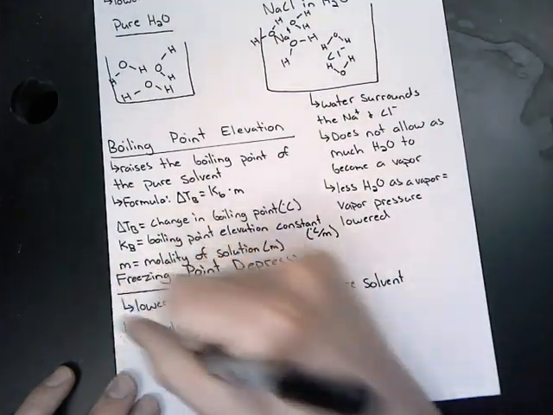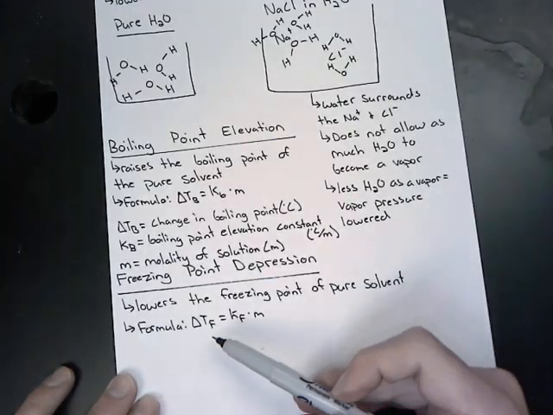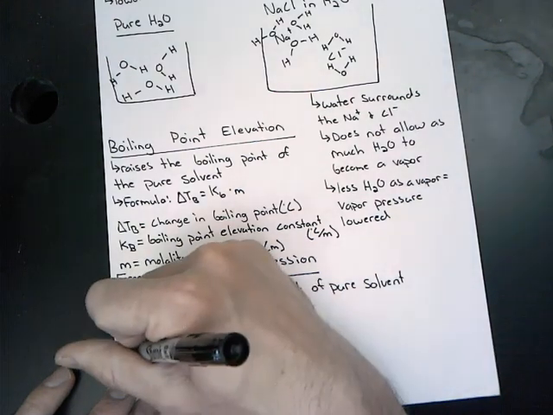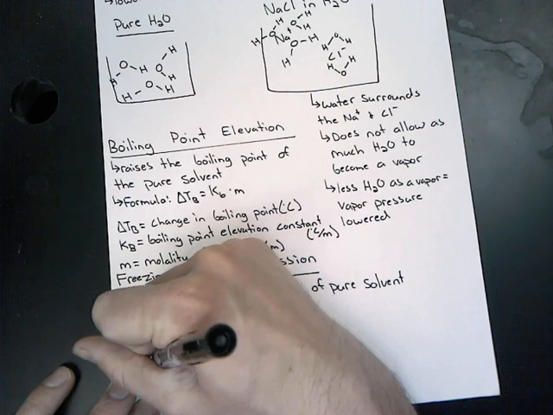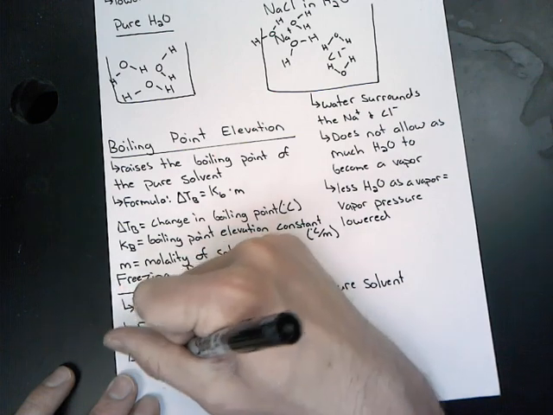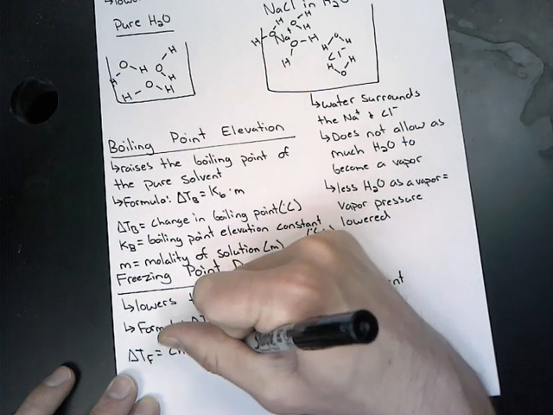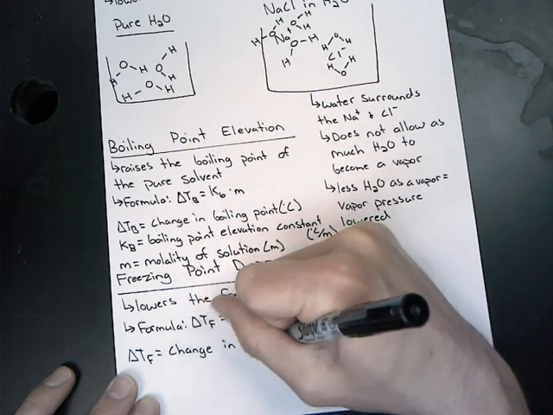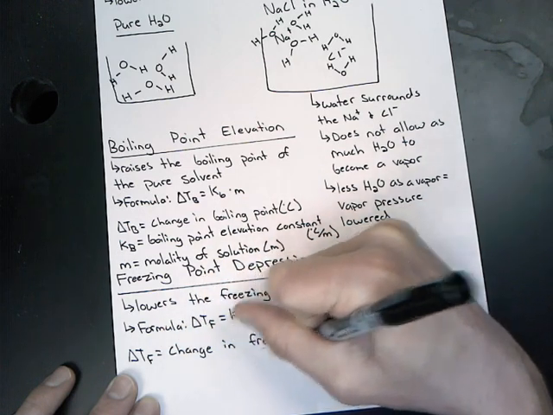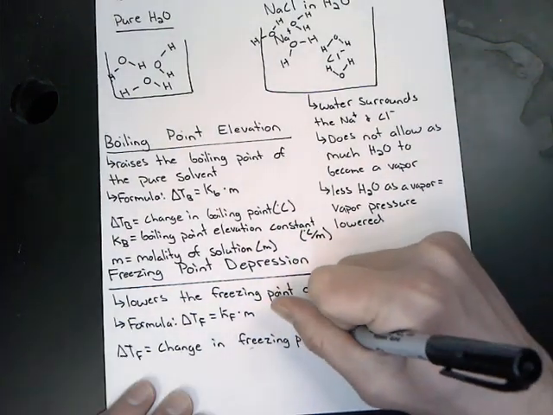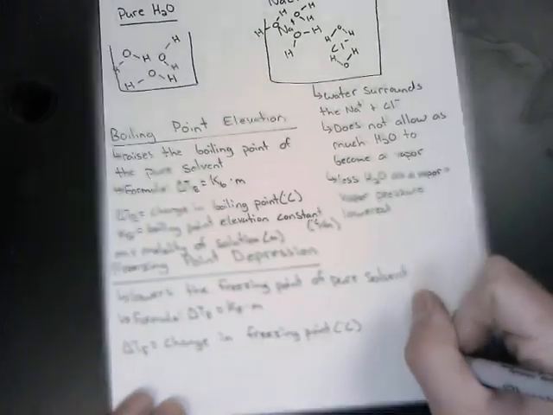So, the formula here, again, very, very similar, except our F's replace our B's. And so, to go over what these mean here, the delta TF is the change in freezing point compared to that of the pure solvent. And again, this is going to be in degrees Celsius.